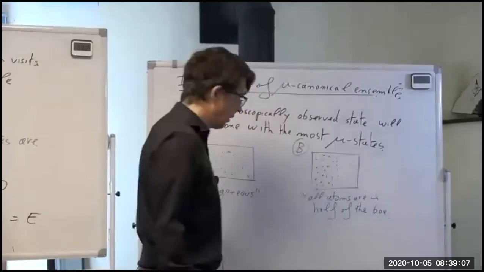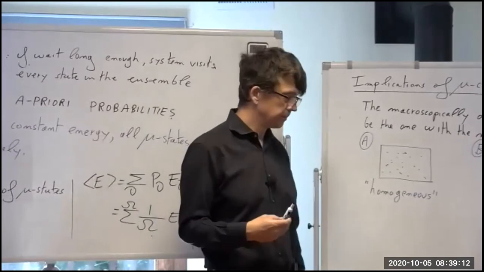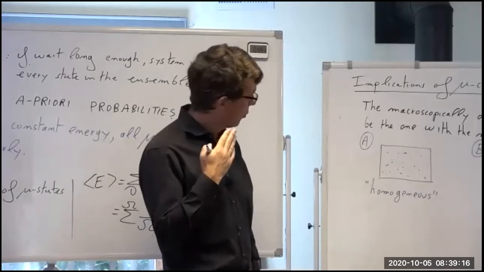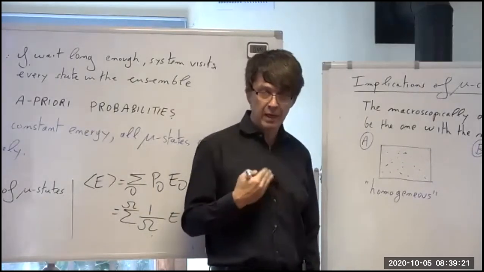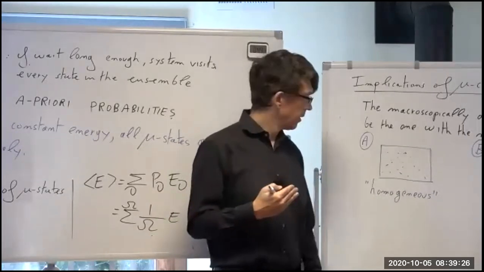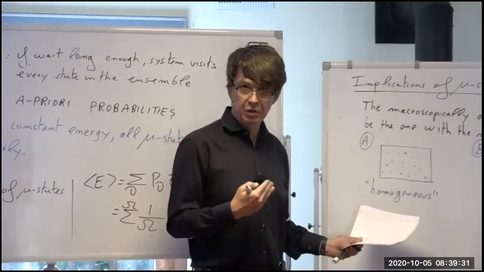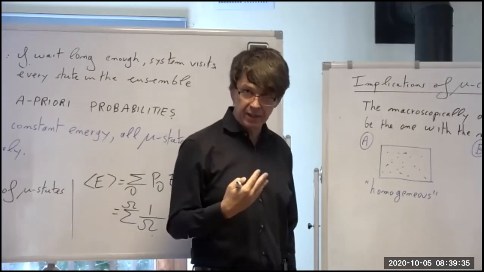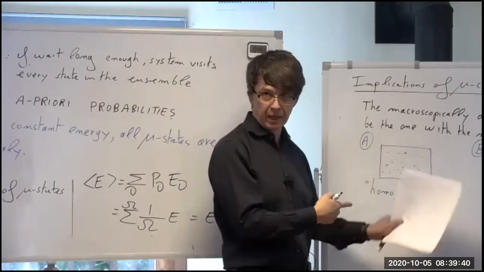So which of these macroscopic states will I actually observe in thermodynamics? You all know that I'm going to observe A more, right? But the question is, why is that? Because the only reason that is the case is because there are more microscopic states like this than like that.